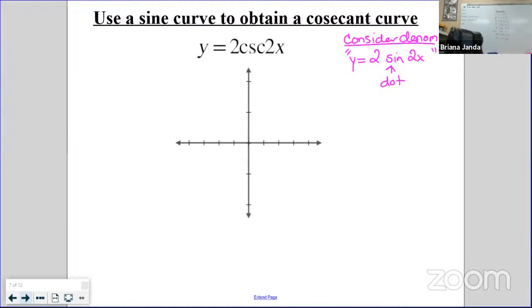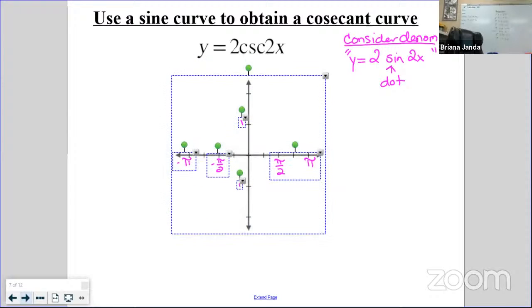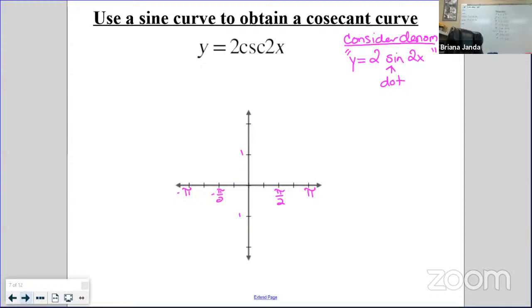So we can kind of go through this a little faster because this was our warm up and we already talked through how to do this one. We said that B was 2, so we took our period 2 pi divided by 2 was pi. And our amplitude was 2. We just labeled by 1 there.